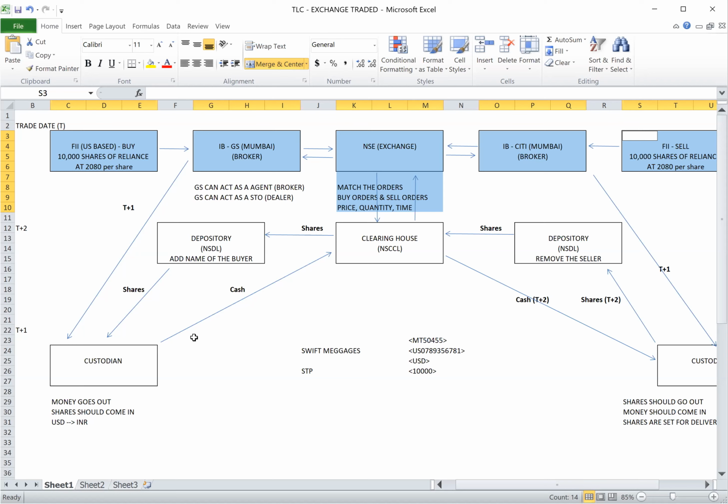All right. So once that is executed, what would happen? Now, Goldman Sachs Mumbai would, the information could come from here also or here. They would, who is a custodian, guys?